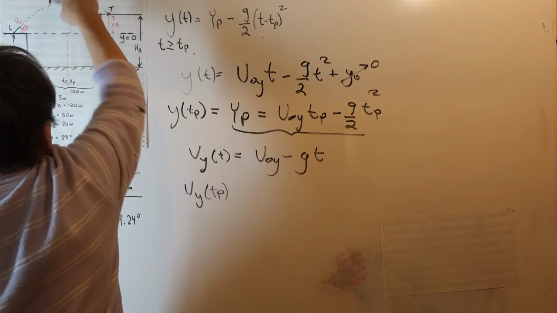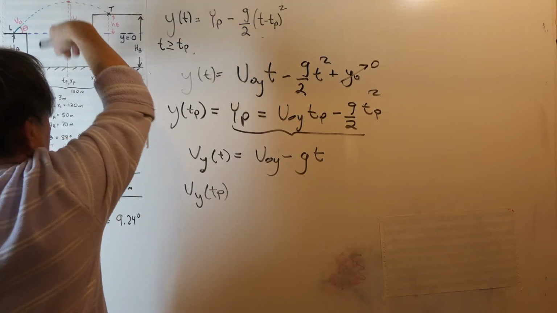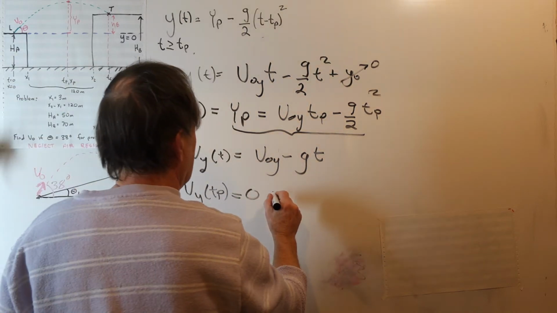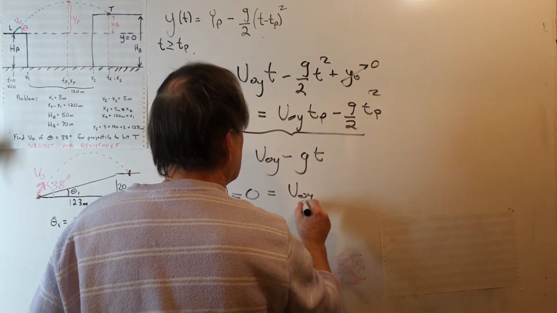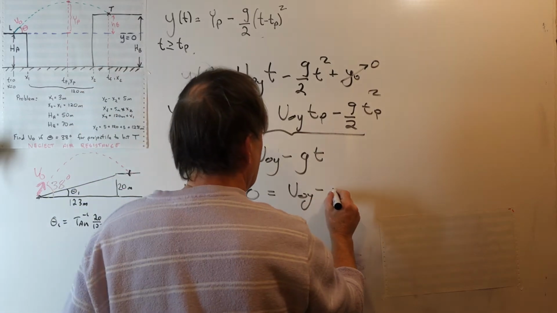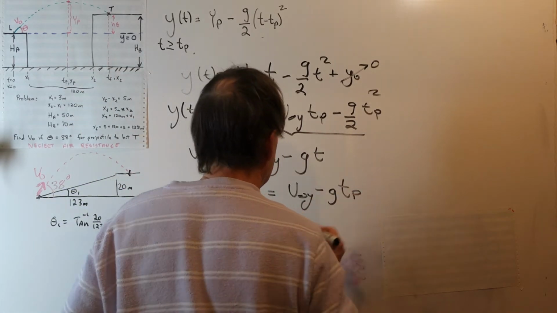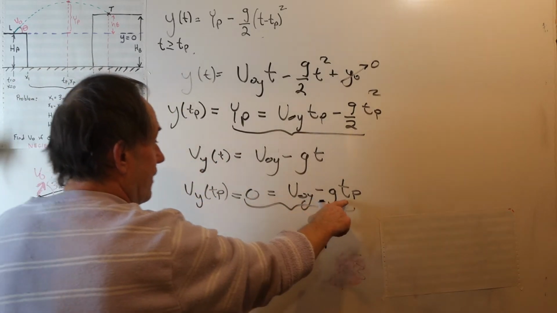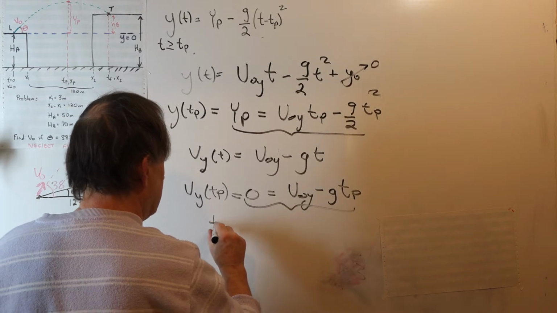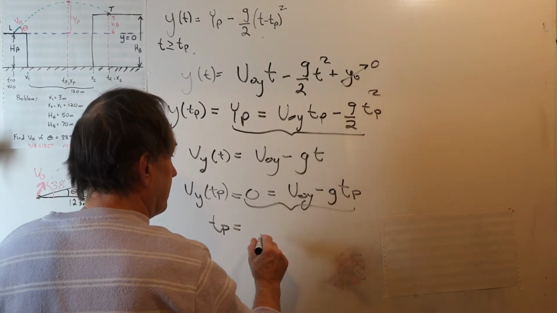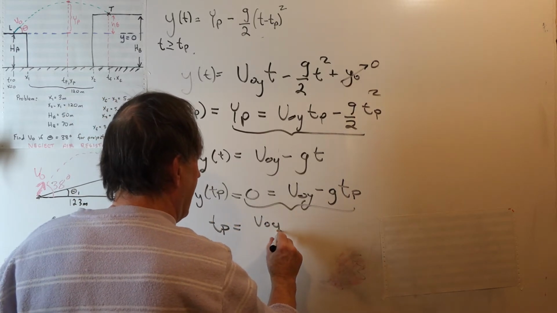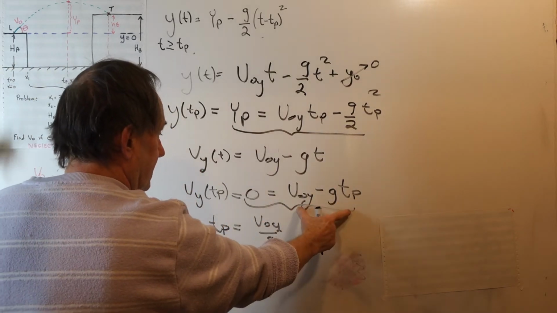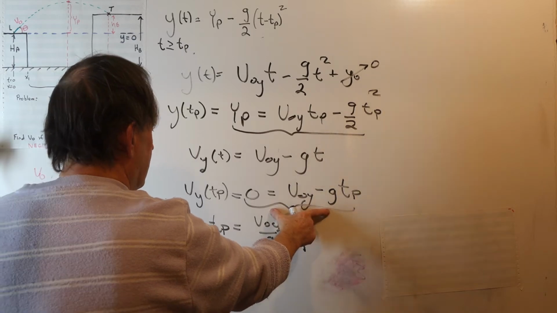Well, there's no longer any vertical velocity in the y direction when it hits the peak. So that is 0, and that is equal to the initial velocity in the y direction minus g t peak. So we have that equation. So solve for t peak. T peak then is v0y divided by g. Okay, that's from this equation here.